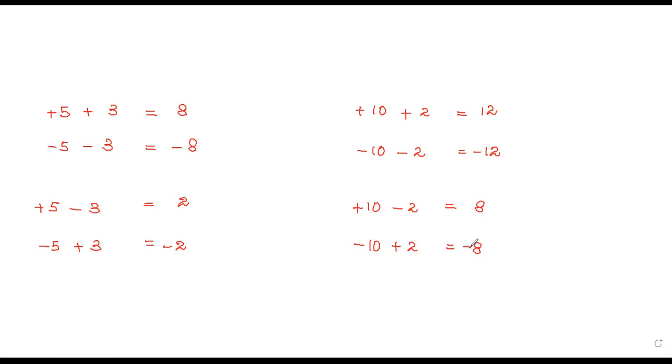Because we can see the negative sign in front of 10. Hope it is clear for all of you. Still, if you have doubts, children, you can pause the video, look at the screen, and try to understand the pattern. If not, watch this part again, right? So this is directed numbers, addition and subtraction.